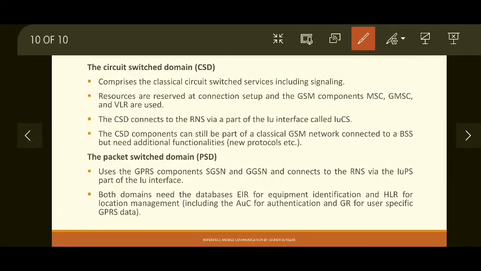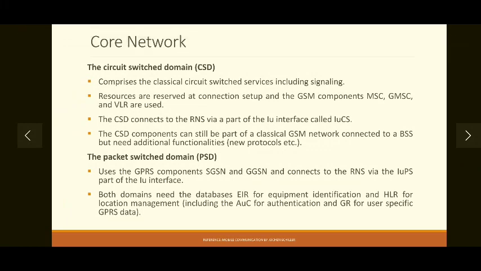So as I said, core network is divided into two parts, circuit switching domain and packet switching domain. Circuit switch domain comprises the classical circuit switching services including signaling. So resources are reserved at connection setup. We know that is a feature of circuit switching, that during the connection setup all the resources will be reserved and then the call will be established.